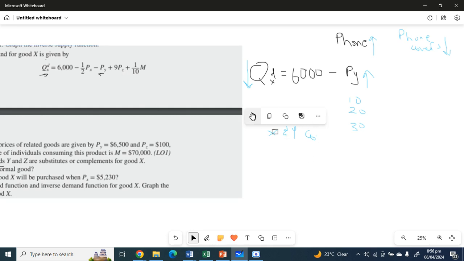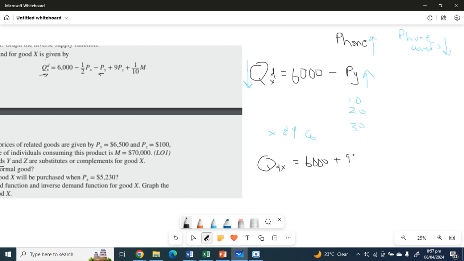If we isolate, we say QDX. If the sign is positive, it means they are substitute goods. We just isolate and say this is 6,000 plus 9PZ. As you increase PZ, you can put in values 10, 20, 30, 40, 50, you notice as the price of PZ goes up, the quantity demanded for good X also goes up.